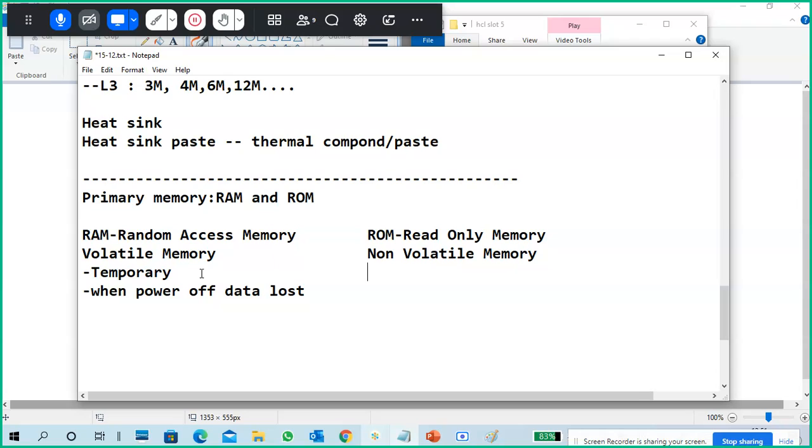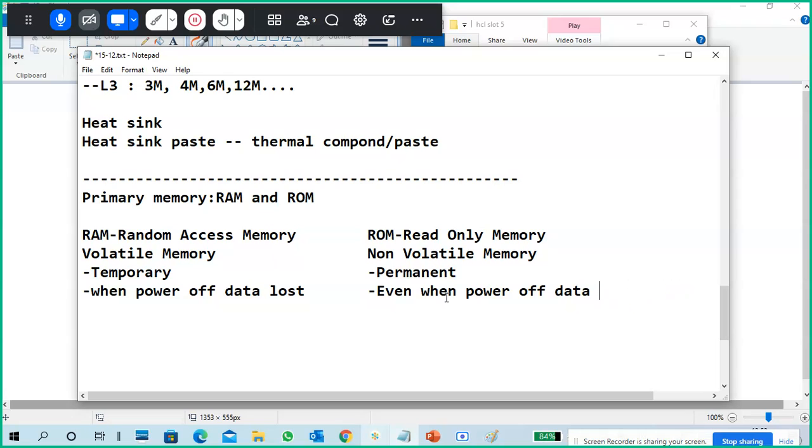Non-volatile is like a permanent. It is a kind of permanent. So its meaning is even when power is off, data still remains.